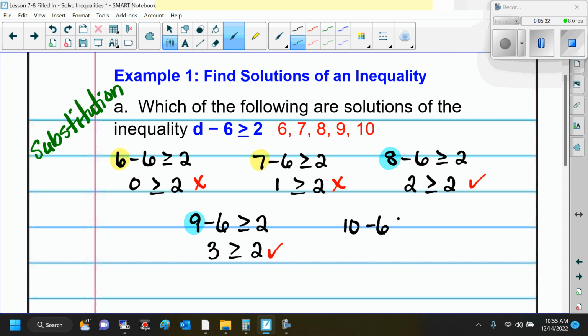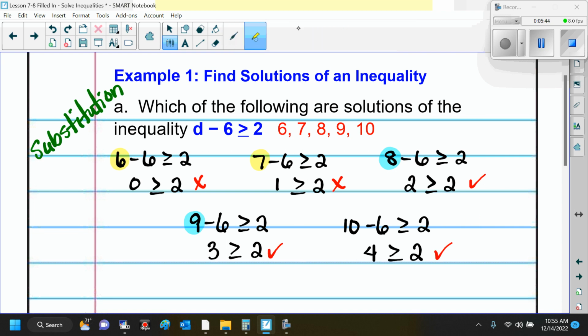So 10 minus 6 is greater than or equal to 2. 10 minus 6 is 4. So 4 is greater than or equal to 2. True? That is true. So what is the solution? No. 10. Very good. Be careful. It is the number that you are substituting in. That's the number that is in question. Okay? Guys, that is one way to find solutions to an inequality.